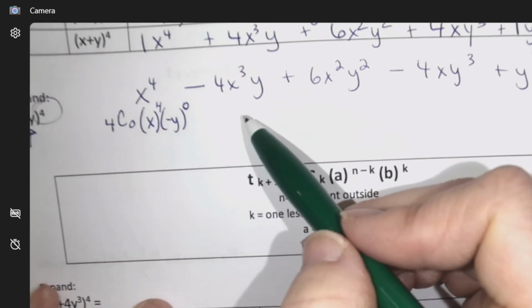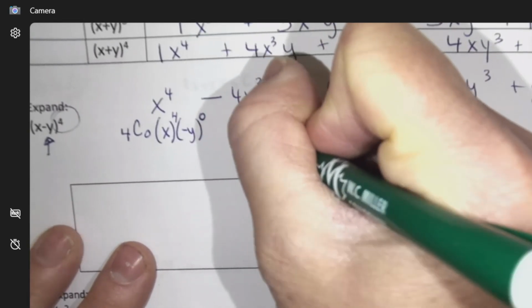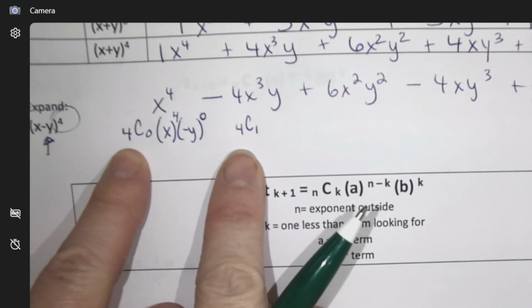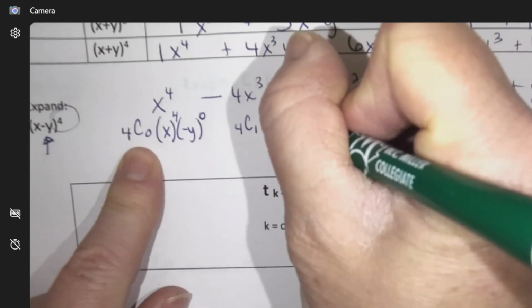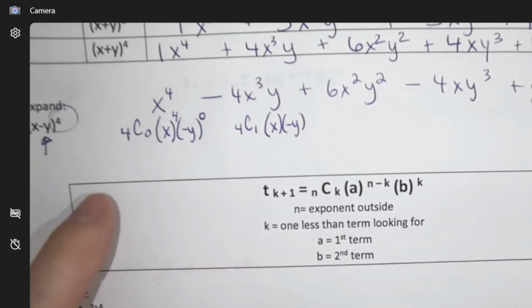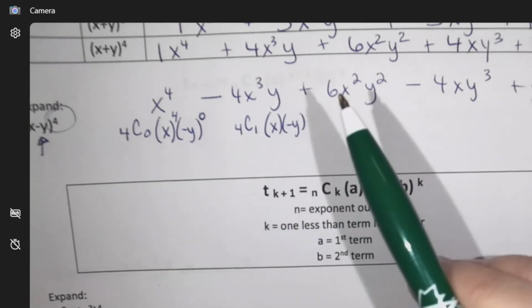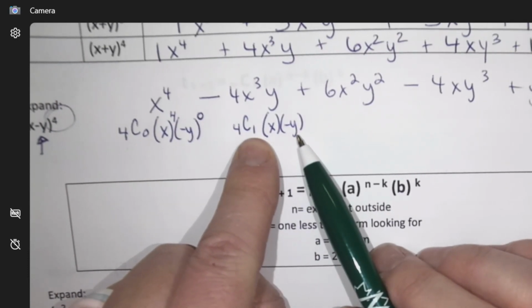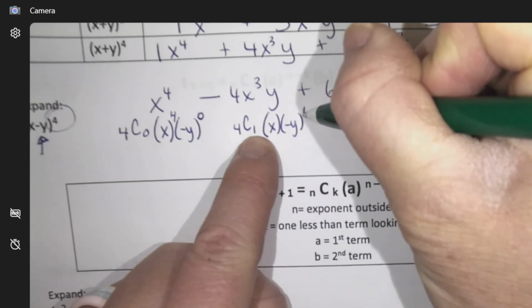That's it. That's how I got there. Okay, so this one, how am I going to get that? I'm going to go 4, choose 1. Because I'm going to go up 1, 4, choose 0, 4, choose 1. The first item, the second item. So there's an x first, a negative y second. I'm going to match 1 there.